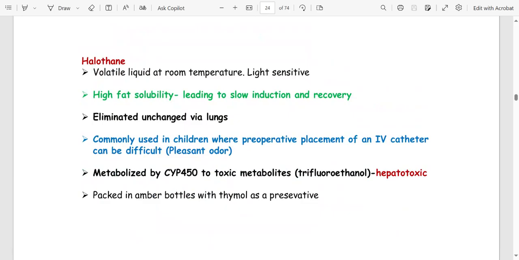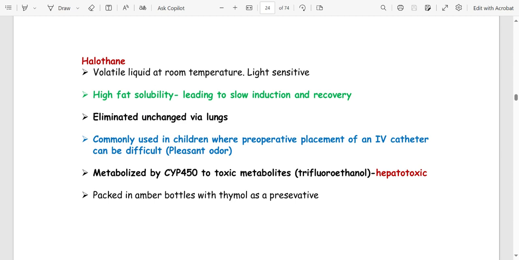The next inhalation one is halothane. Halothane is volatile at room temperature. It can easily evaporate and is light sensitive. It has got a high fat solubility, okay, leading to slow induction and recovery. Things that have got high fat solubility can easily cross barriers.